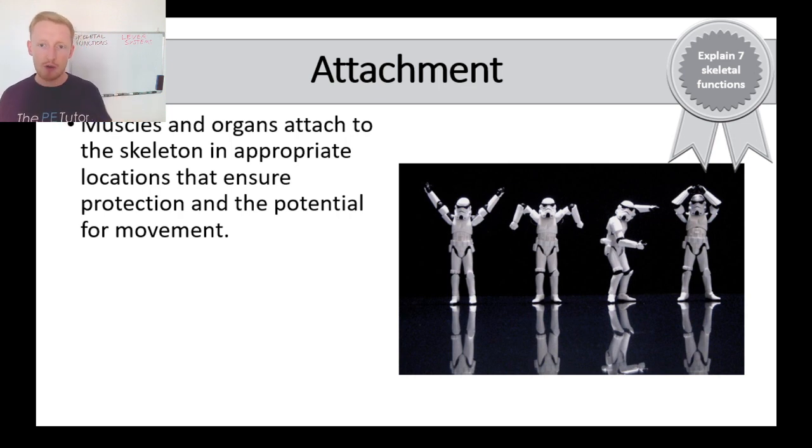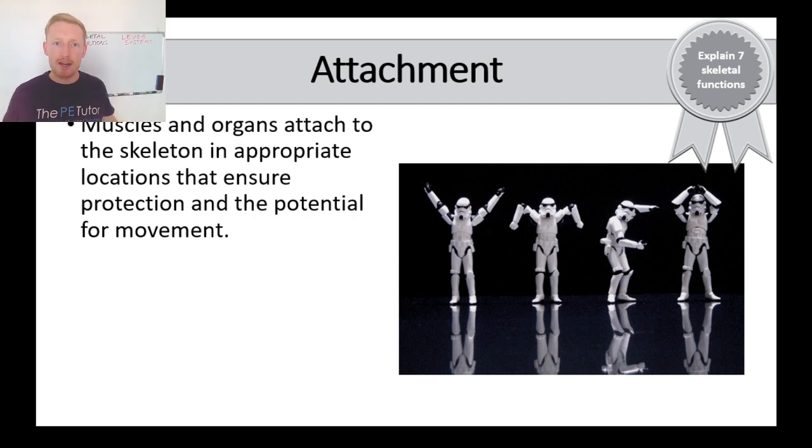So our first 2 purposes, movement and attachment. What roles does the skeletal system play? So attachment here, yes, we've spoken about movement, but organs as well. Organs can line the inside, or they might have an insertion where it provides this hanging space.